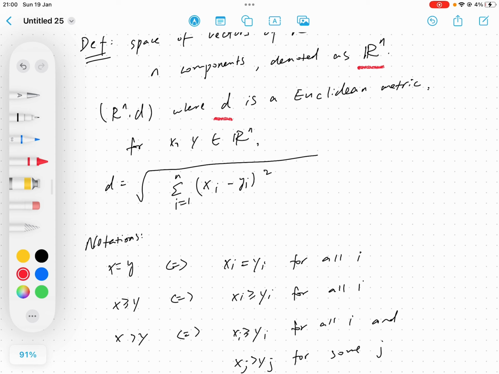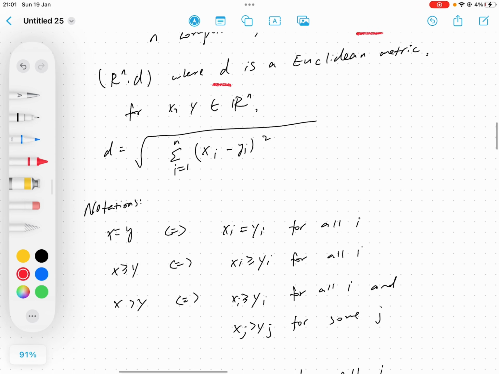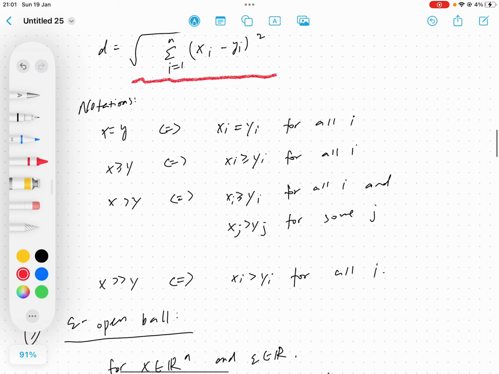For some 2 points x and y in the space, we use this D as the metric or the distance of these 2 points. That'll be just the square root of the summation of all those squares of the distance in each dimension. Okay, good.